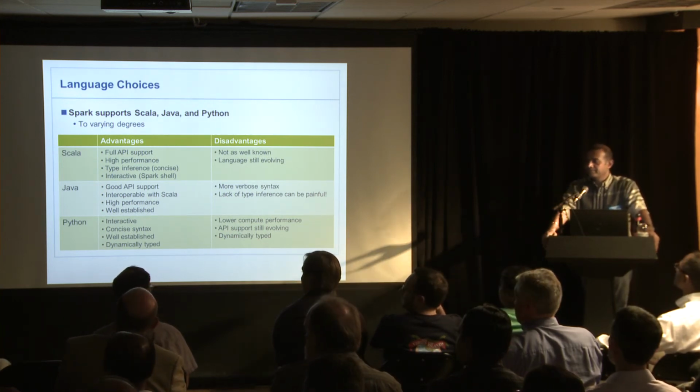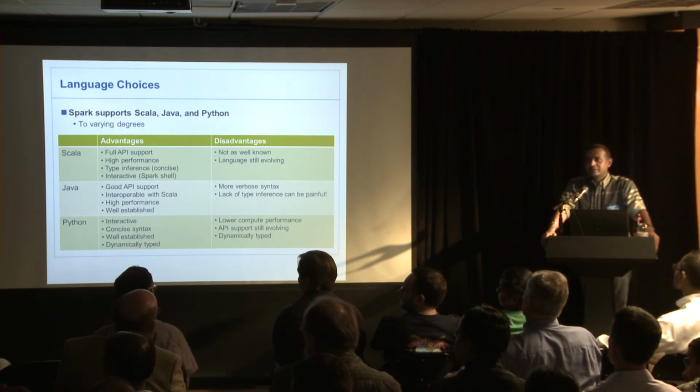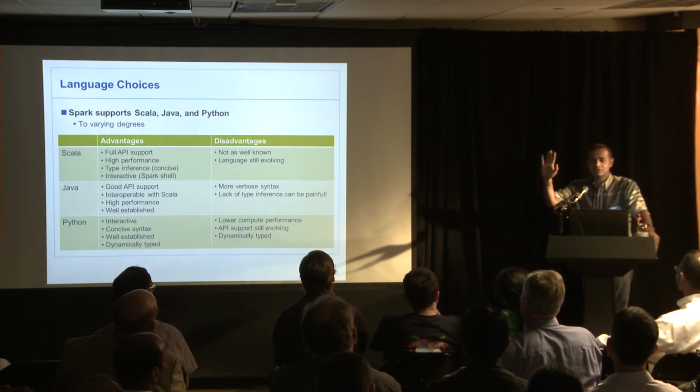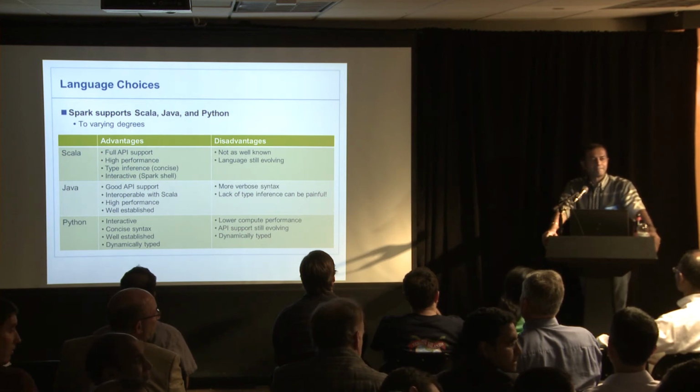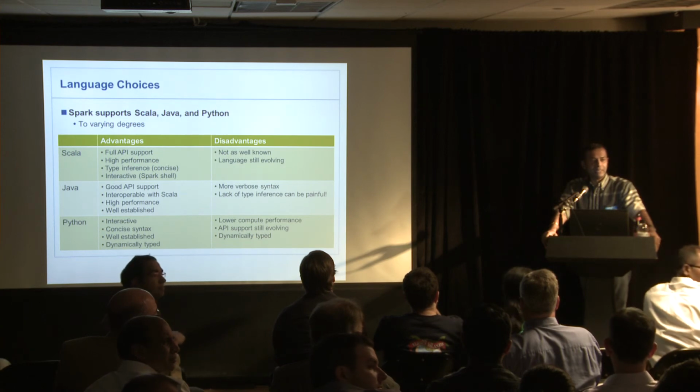What's the mechanism that Python uses to make the call out to the Scala? I don't know, to be honest with you. I have not looked that deep into it. It might be JNI. Does anybody know? Does anybody look that deep into how the Python works? Yeah, go ahead. There's this project, I think it's Py4J. Yeah, that's what it's called. It's just a translation library.